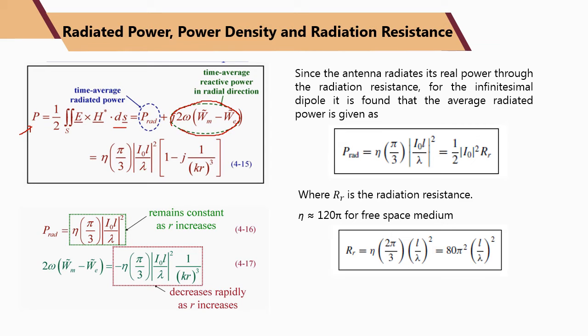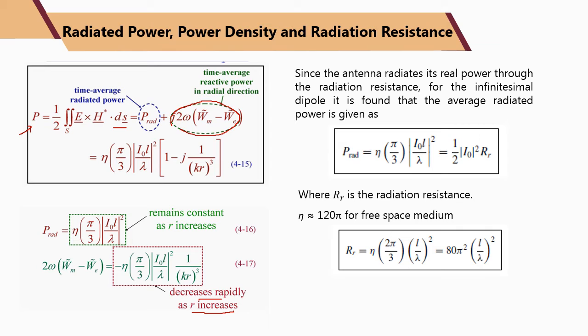The time average reactive power in the radial direction basically decreases rapidly as the distance increases.